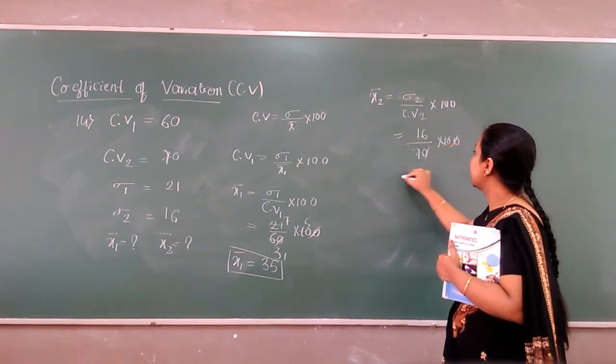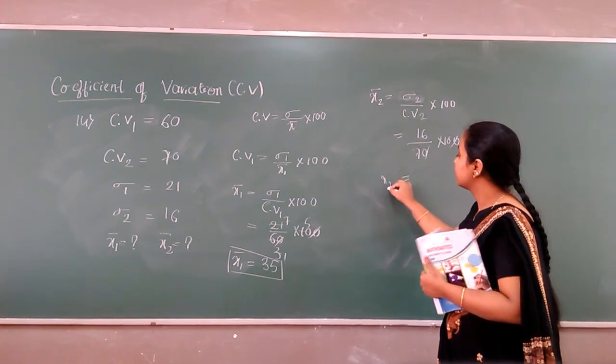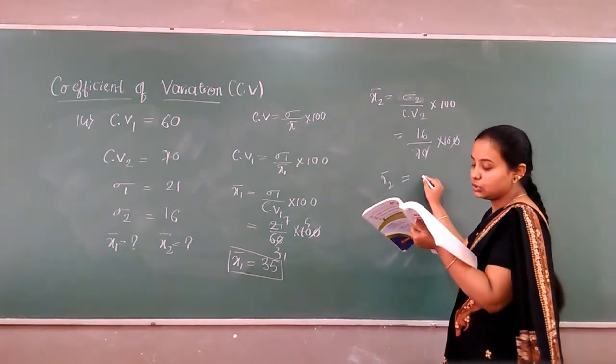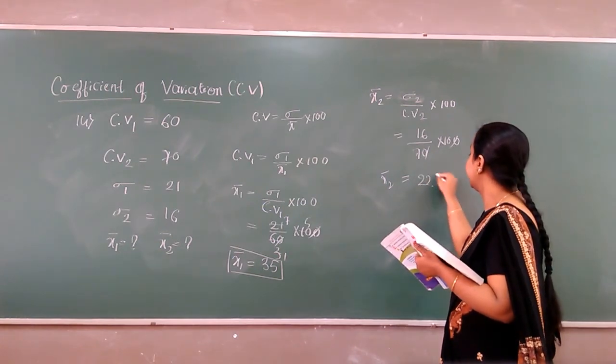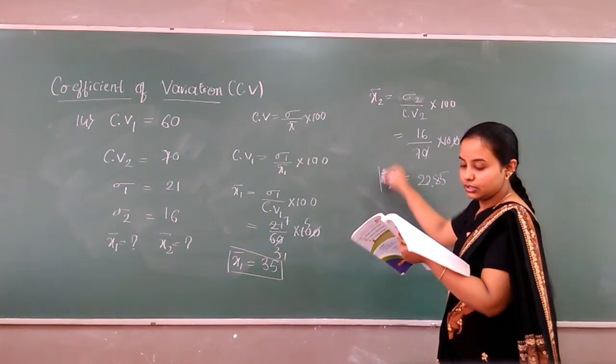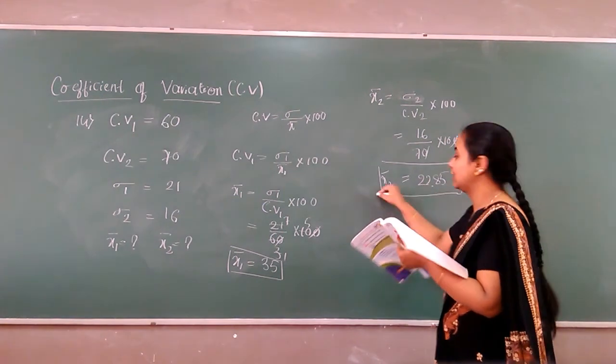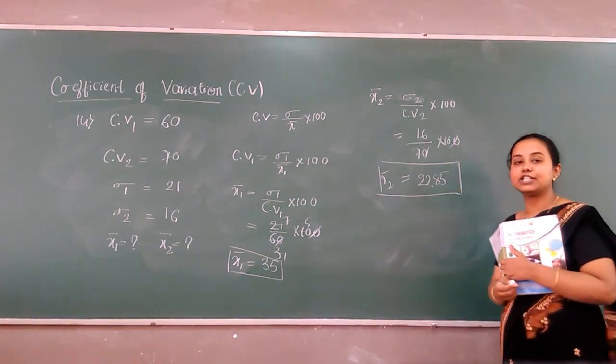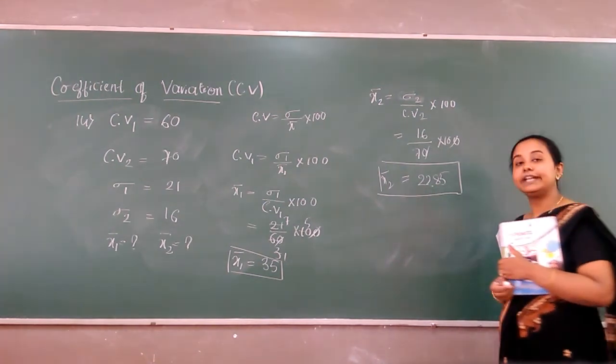So here it will get cancelled. What is our x2 bar here? x2 bar is equal to 22.85. So this is what you needed to calculate: the mean of the first distribution is 35 and the mean of the second distribution is 22.85.